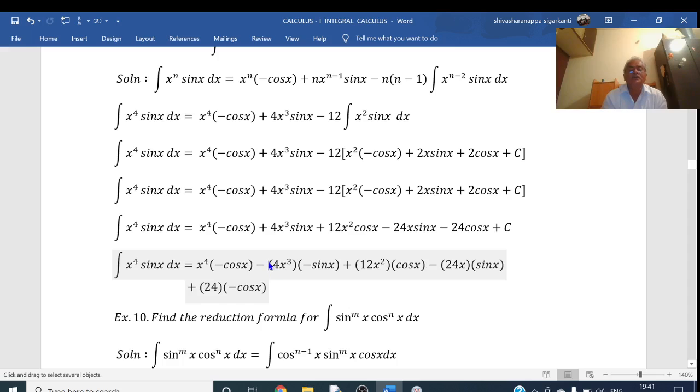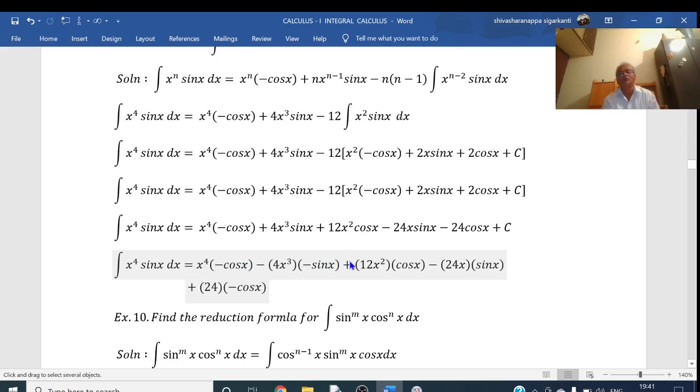Minus, in the bracket, the derivative of this term, x to the power 4, derivative is 4x cube, into the integration of the second term, the bracketed quantity. The integration of minus cos x is minus sin x.